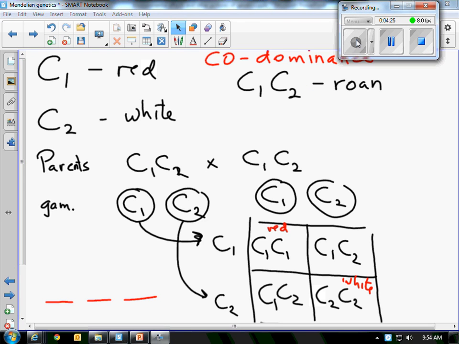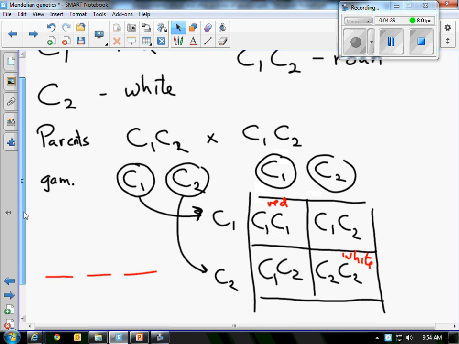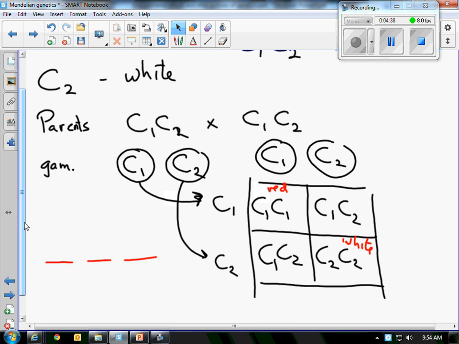This slide just shows what would happen in a codominant situation in cattle if you crossed 2 roan parents, and you'd still end up with a ratio of 1 to 2 to 1 in the offspring. 1 red to 2 roans to 1 white.